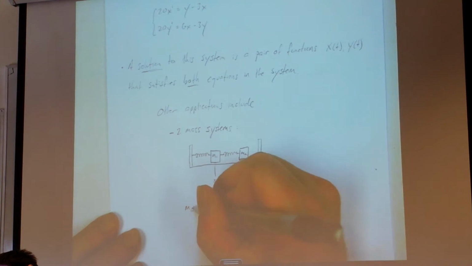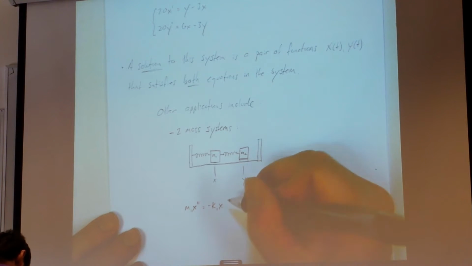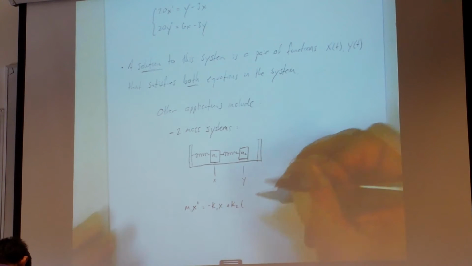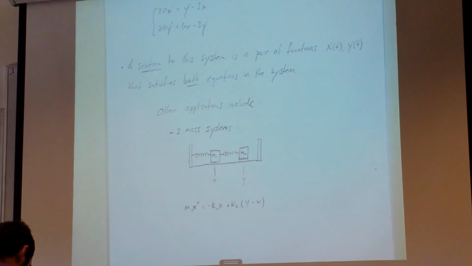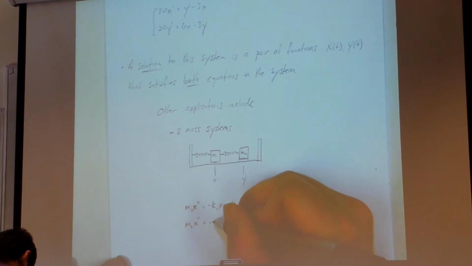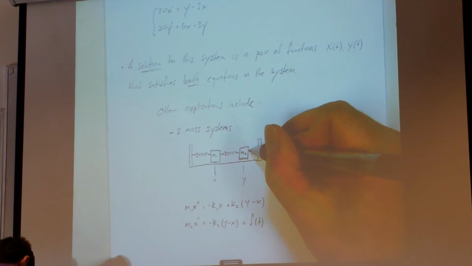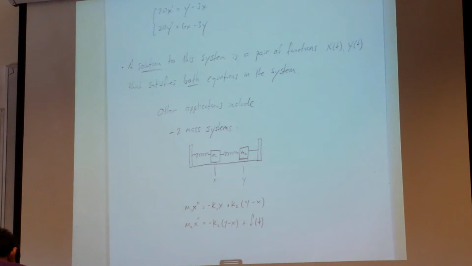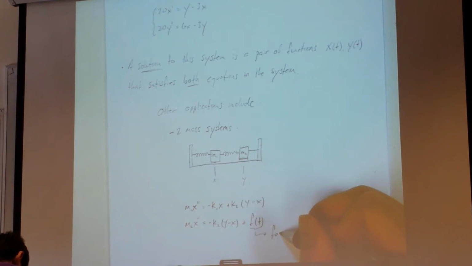They do talk about this in the book, but m1 x double prime equals negative k1 x plus k2 times the difference between y and x, or their displacement. m2 x double prime, very similar, negative k2 (y minus x) plus, if there's some external force being applied on this, this is what we skipped in 3.6, some sort of external forcing function.